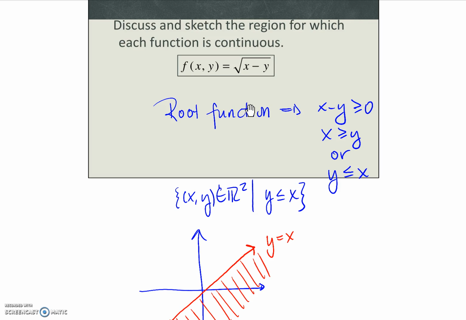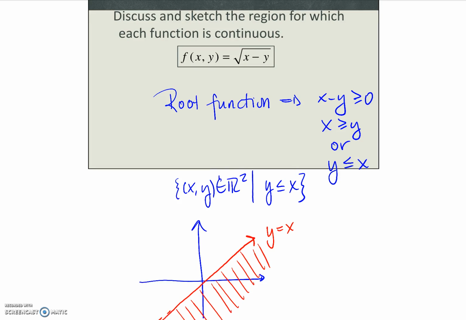So that means x minus y in this particular instance is my radicand, so it must be greater than or equal to 0. Well, if I add y to both sides of that inequality, I have x has to be bigger than or equal to y. Or I could rewrite that y has to be less than or equal to x.